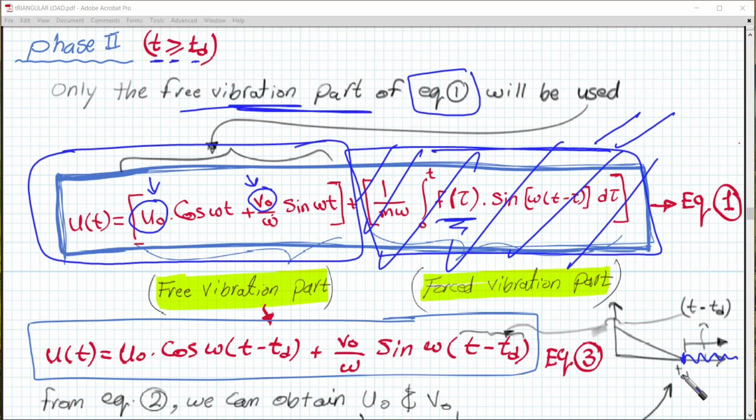The answer is no, because at the end of the forced vibration, which is the beginning of the free vibration, U node and V node do not, both of them, equal 0, of course. The system was under this forced phase. This means that at the end of it, there is a value for the displacement and for the velocity, right? And this is the key that we're going to use to solve the free vibration part.